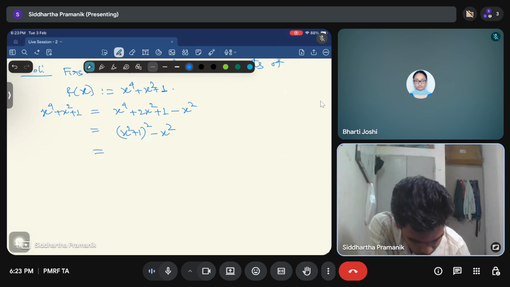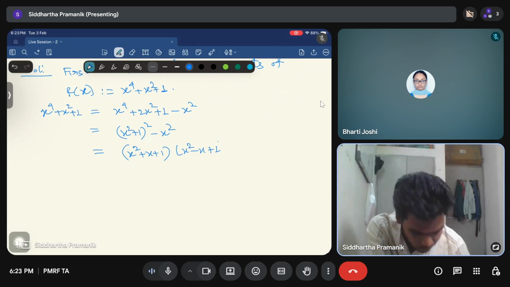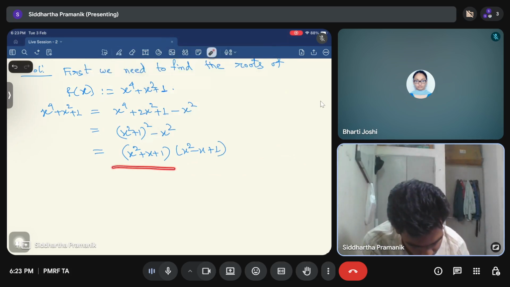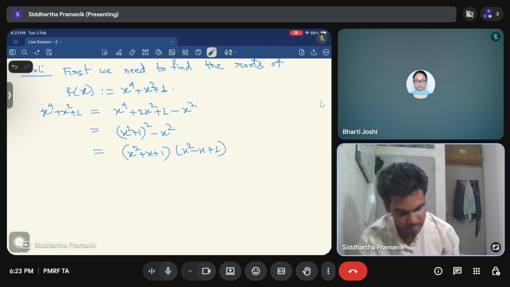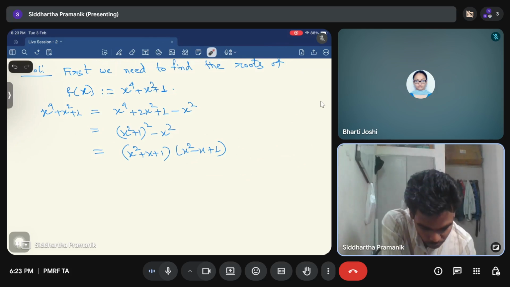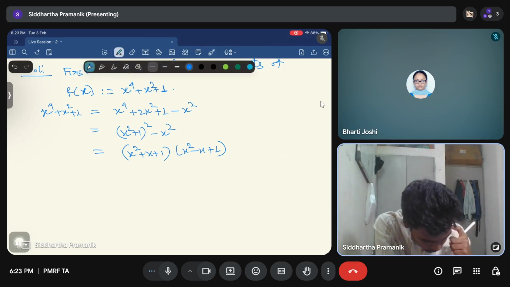And if you write this out, it is (x^2 + x + 1)(x^2 - x + 1). So this is the product of two quadratic polynomials, and we know how to find the roots of quadratic polynomials. There is a straightforward formula, so let's apply that.